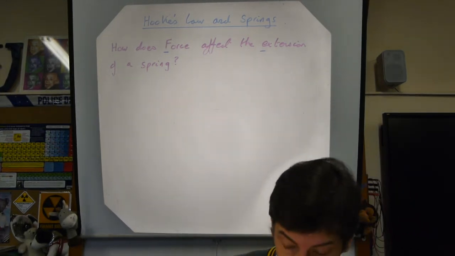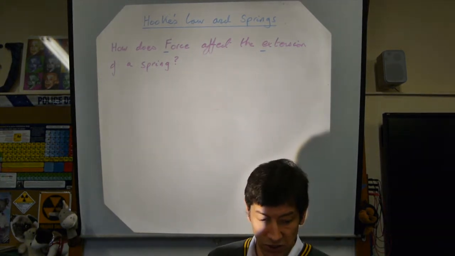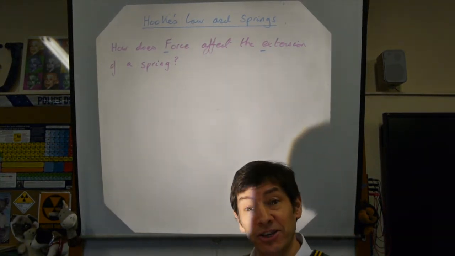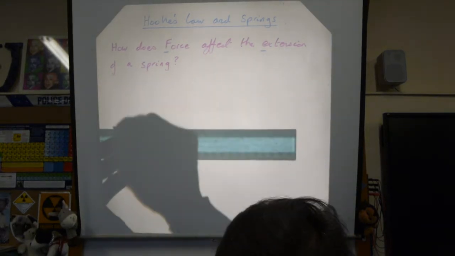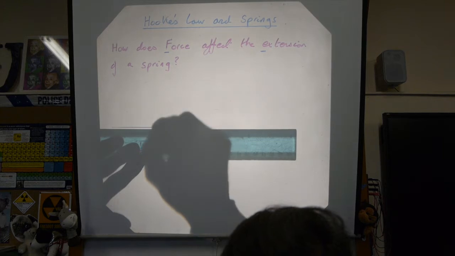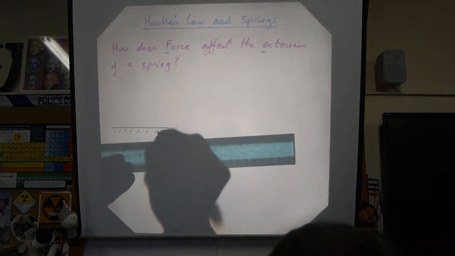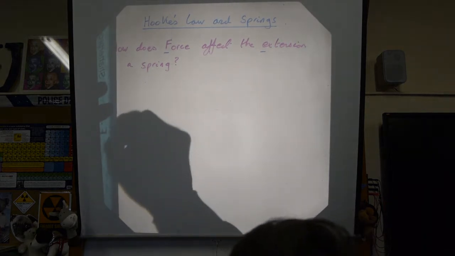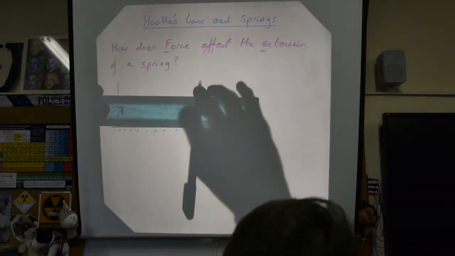So we're going to set up a little experiment. If you were asked to describe what you would do, I might suggest that this is what you would do in the laboratory with me. So here's the desk, surface of the desk, and you'd set up a stand to hold a spring. So I'm just going to draw the stand like this.